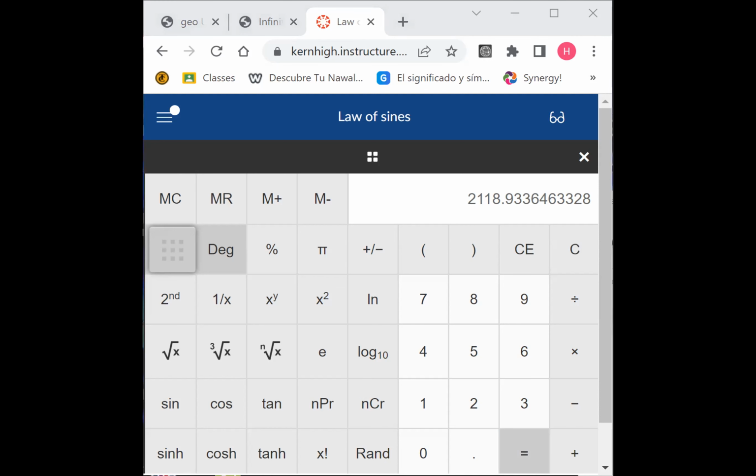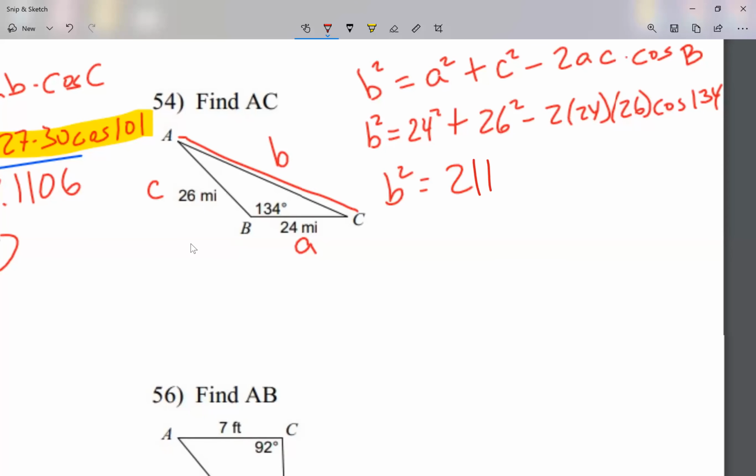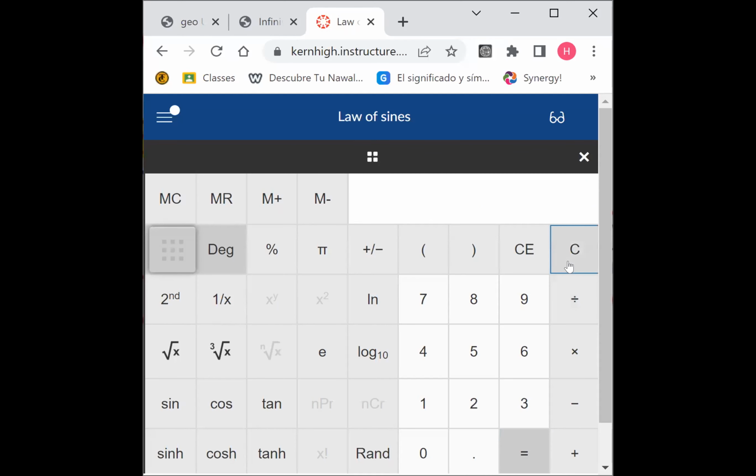So B will be the square root of that. The square root of 2,118.9336 is 46.03, rounded to one decimal place, so 46.0.